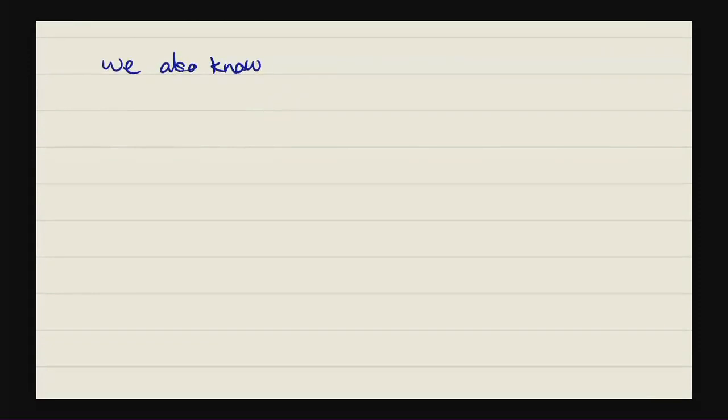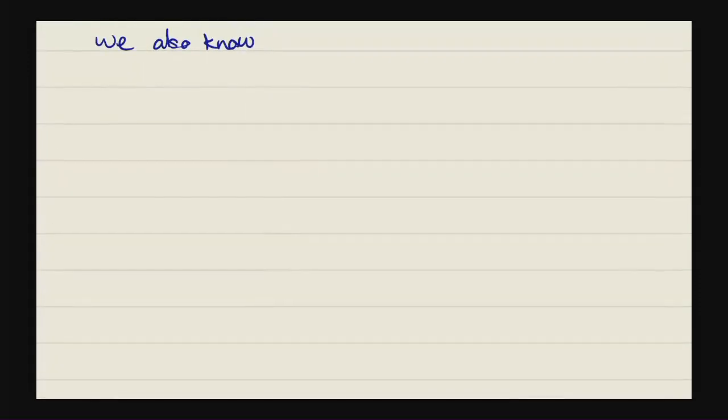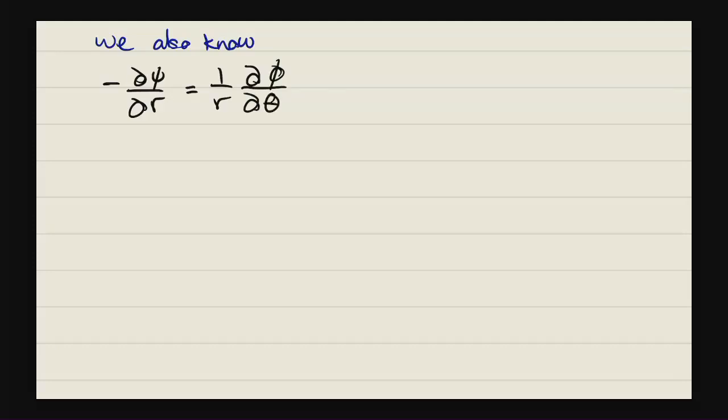So we need to know the relationship between psi and phi. So del psi over del r equals 1 over r del phi del theta. Okay, we need to know this.